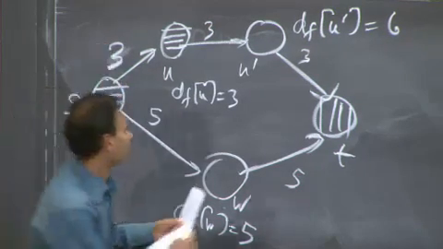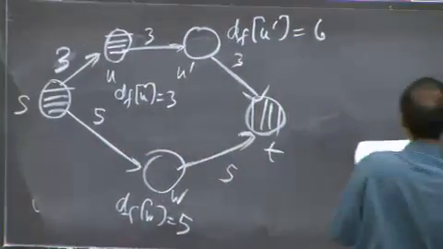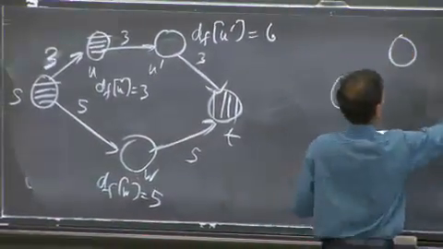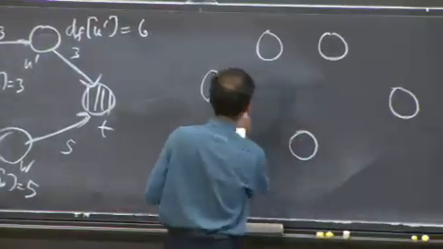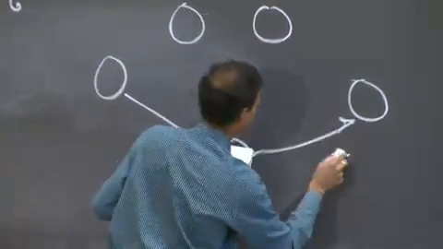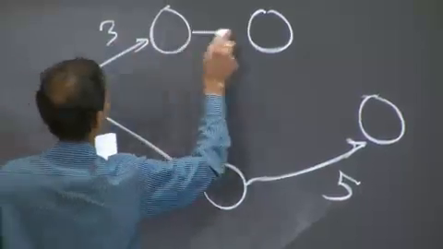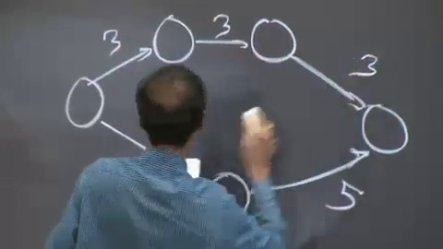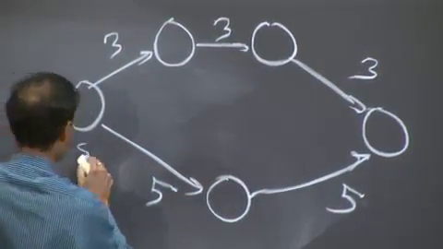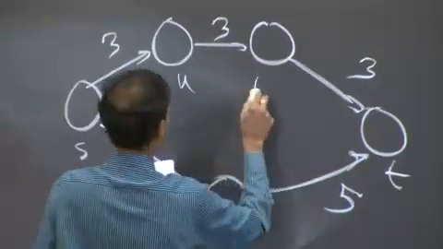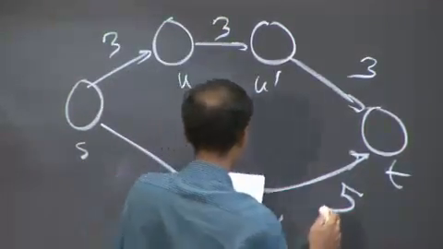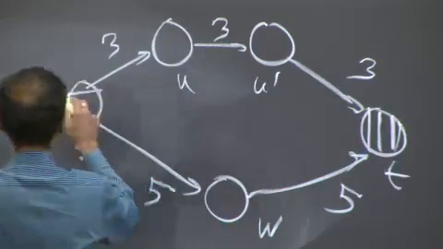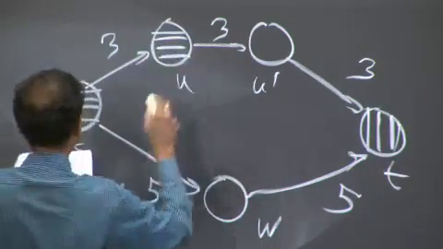All right. So now I go to the backward search. And again, I have S, T, U, U prime, W. I'm going to go ahead and hash this. This has been hashed horizontally.